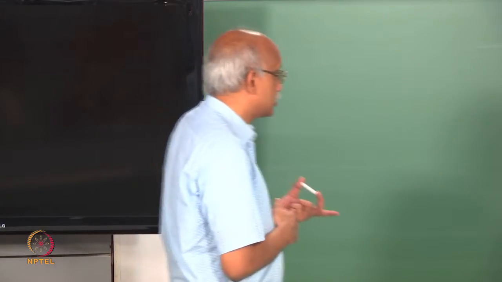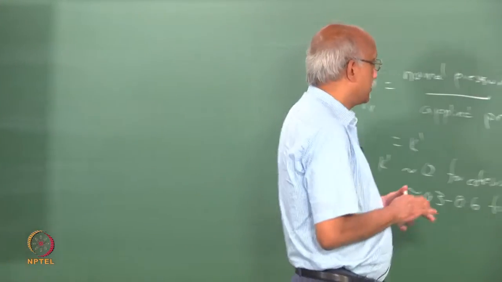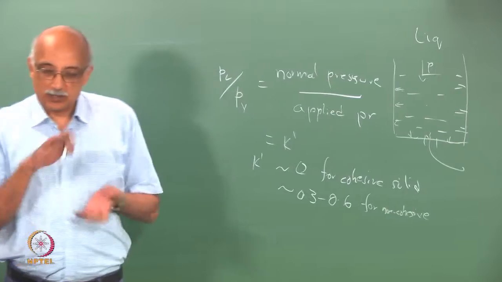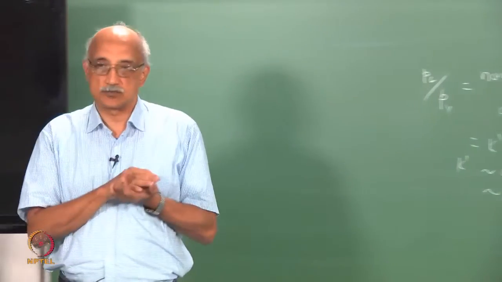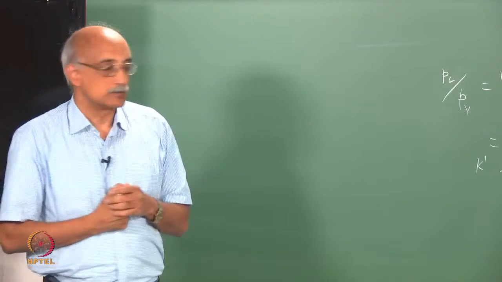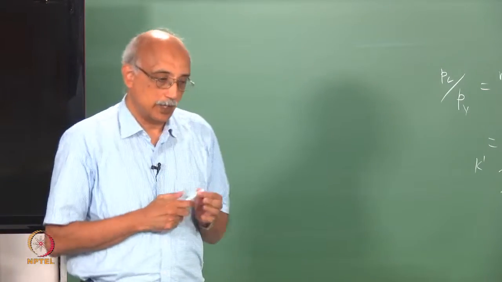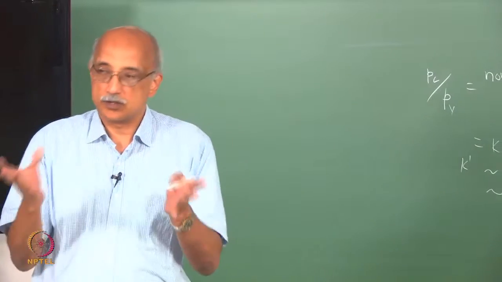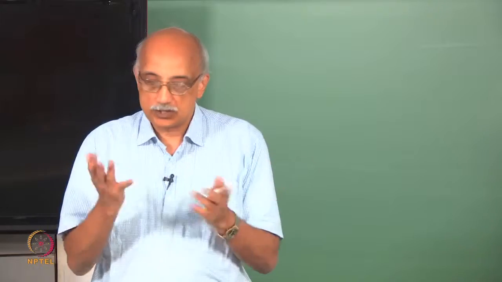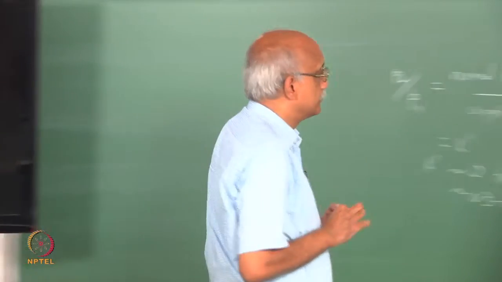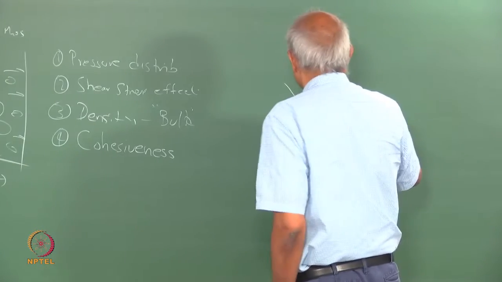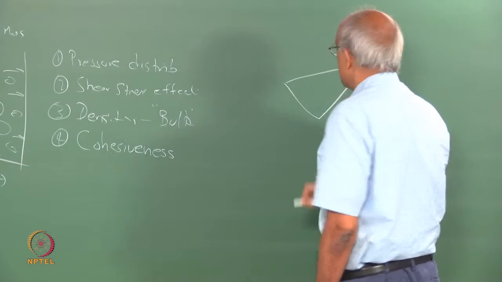So, what you really want to know is, for an applied pressure PV with a normal pressure of PL, what is the pressure distribution as a function of theta, which is an angle between normal and horizontal. So, in order to do that, you can model granular material in a container and look at the pressure distribution. And one way to do that is to take a right angled triangle.